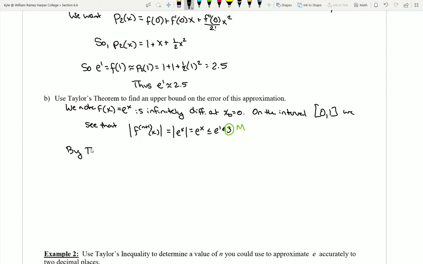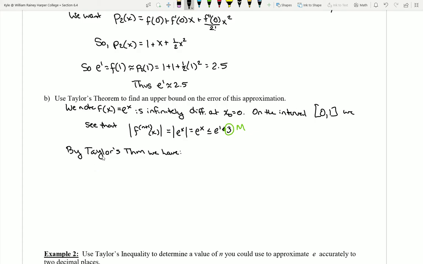So I'll say, by Taylor's theorem, I then know the following. I'm going to write down all the different bits of information that I know to fill out what Taylor's theorem specifies.